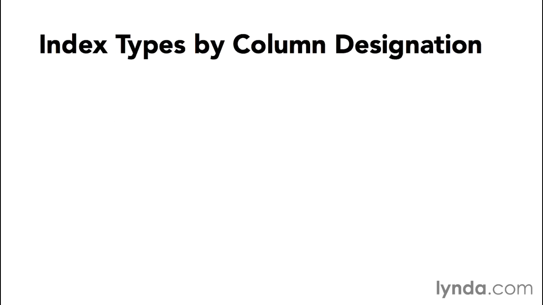Now, by column designation, the primary key. All right, so when I create a primary key, it creates a clustered index. And the primary key is the key that we use to enforce uniqueness in our database. And our primary key is used for normalization. And normally we would assign a primary key to a table.